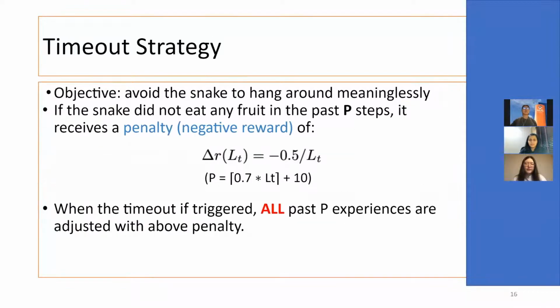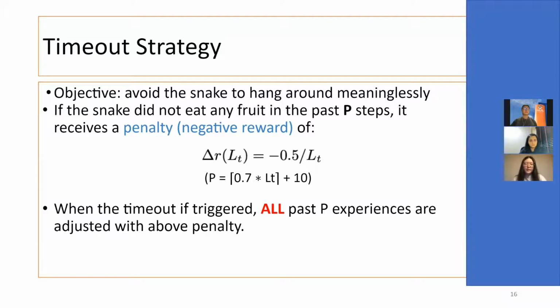Next, let me talk about the timeout strategy, whose objective is to avoid the snake hanging out meaninglessly in the grid. In this strategy, if the snake did not eat any fruit over the past P steps, it receives a penalty, or say a negative reward, whose value is inversely proportional to the length.